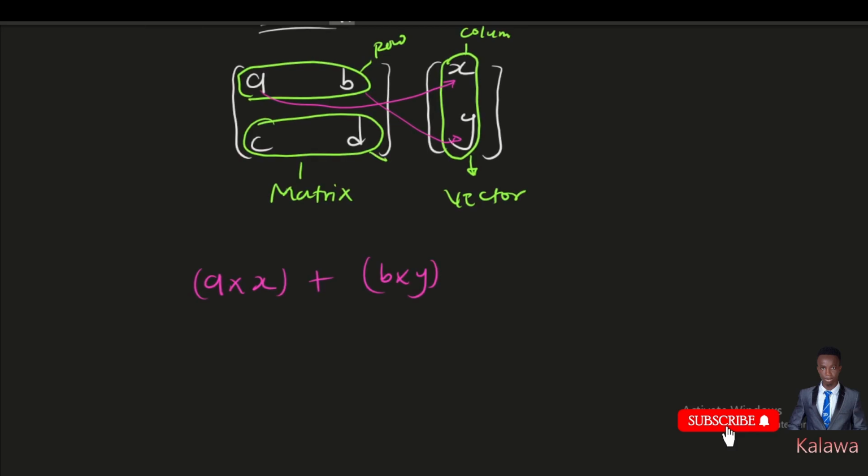We multiply C by X, and then D by Y. So this is going to be C times X plus D times Y.